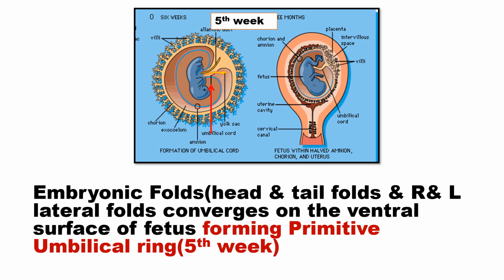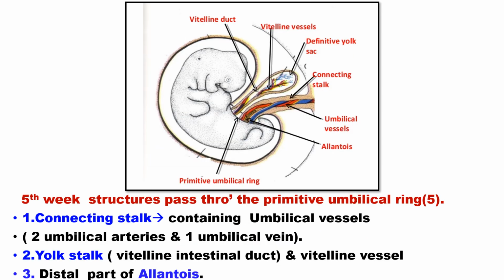Embryonic folds, head and tail folds and right and left lateral folds, converge on the ventral surface of the fetus, forming a primitive umbilical ring, which occurs around the fifth week of intrauterine life. So around fifth week of intrauterine life, structures pass through the primitive umbilical ring, that is through the umbilical cord.